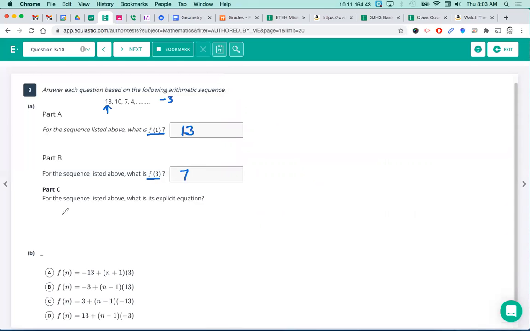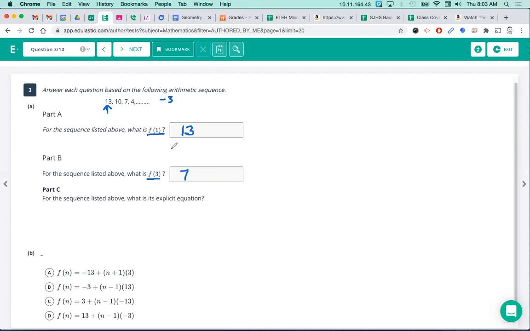Part C, for the sequence listed above, what is the explicit equation? They've actually got solutions down here that we can pick from. We start with 13, and then we are going to be subtracting 3 each time.